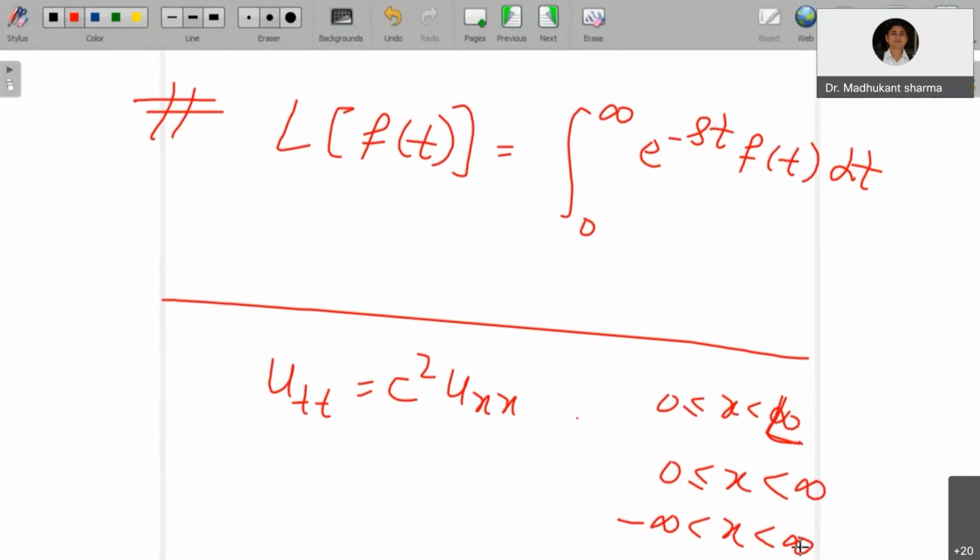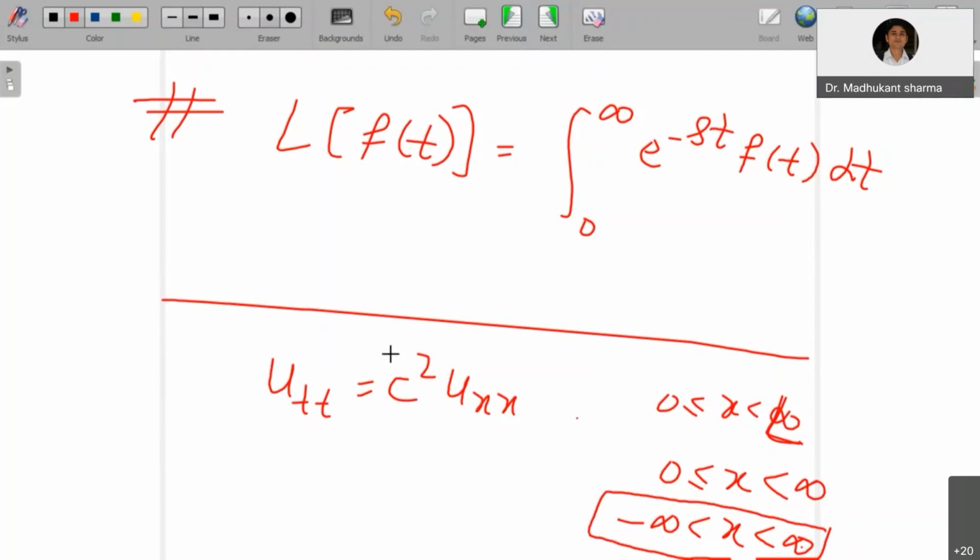I just want to give an idea here that when you talk about an infinite length string, you can't use the Laplace transform. Then you are supposed to use the Fourier transform. The Fourier transform will be defined maybe in the next session, and then we will use it to solve the PDE and see the applications.